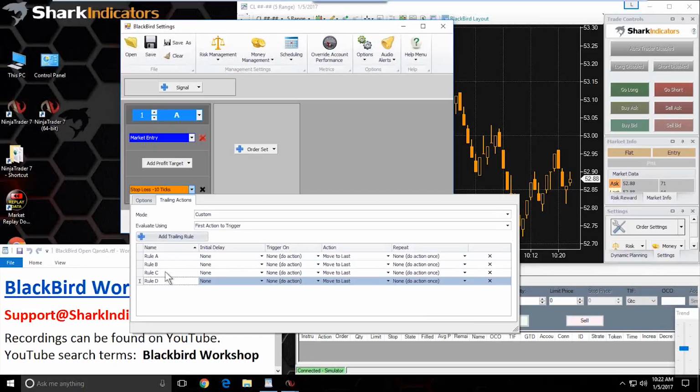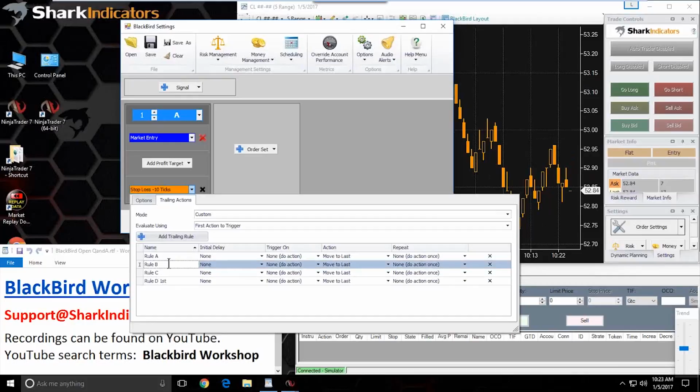So then the other thing would be, let's say, D fires off first, and then let's say B fires off second. All right, so then what happens if rule A and B try to fire off at the same time? Say rule B and rule A are trying to move your stop loss at the same time, right?